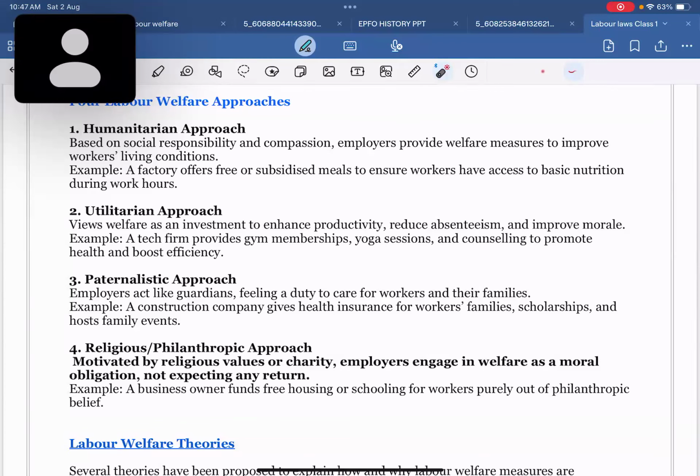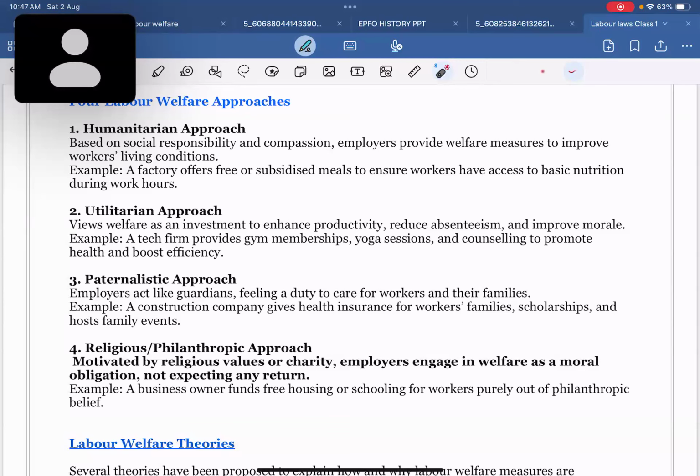Yes, sir, near Sarojini Market. Good. So that comes under the religious philanthropic approach. Someone is donating the money to work on that.